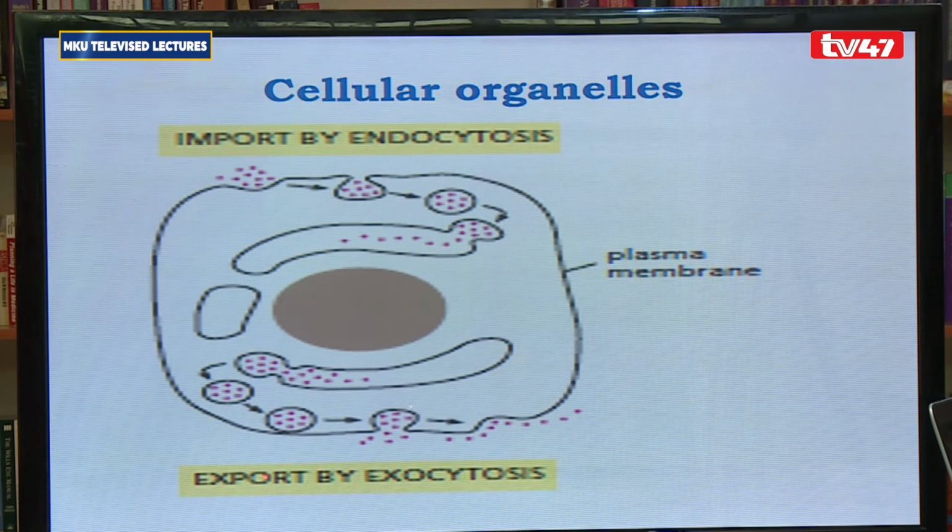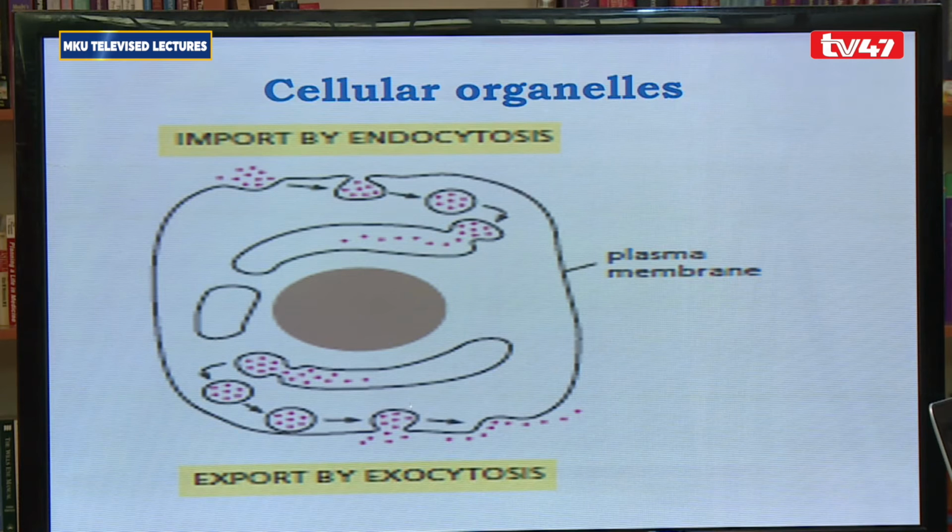The opposite happens with exocytosis, where the organelle pinches off. Again, it is a membrane surrounding the substances. They travel towards the plasma membrane and merge with it, and then it opens up and the contents are spilled out of the cell. So that is how vesicles help in transportation of substances in and out of the cell.